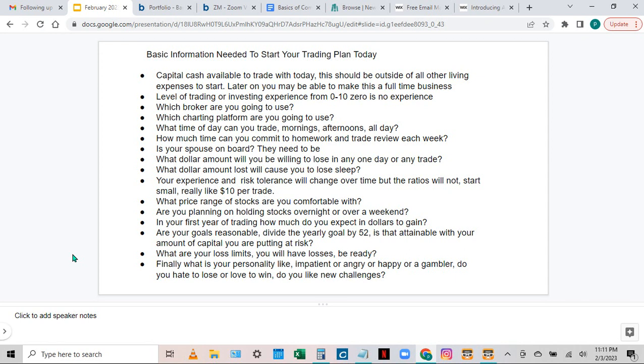I call it my weekly game plan. So you may want to follow along with that. There are some basics: how much cash you have available to invest, what's your level of trading experience from 0 to 10, what dollar amount you would be willing to lose in any one day or any one trade, and what price range of stocks you are comfortable with. You may not be comfortable with Microsoft. You may be more comfortable with something like Perry or Zoom, right?